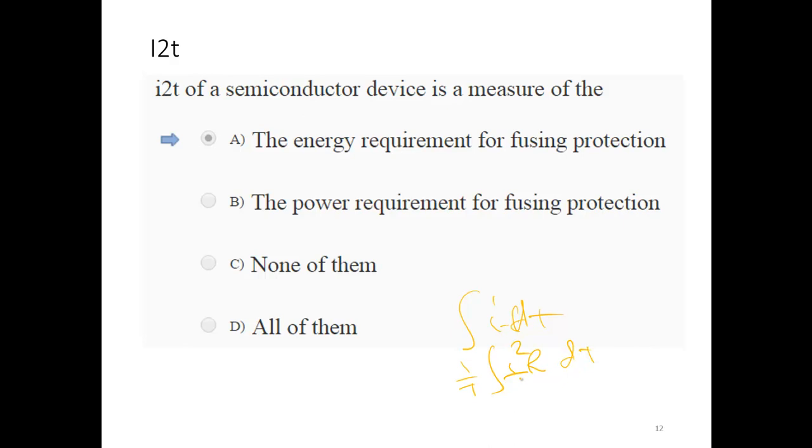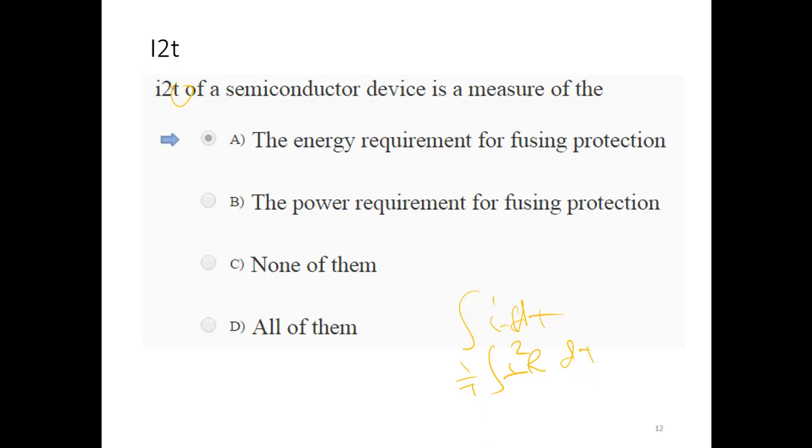That means the I square T is a measure of the energy of the fusing protection, because I square R is the power, and power times time gives the energy. That means the I square T is a measure of the energy required for the fusing.